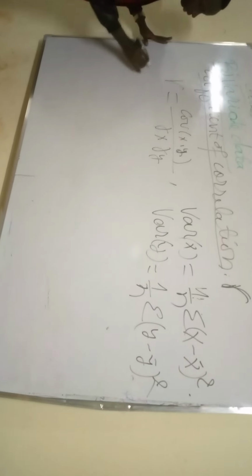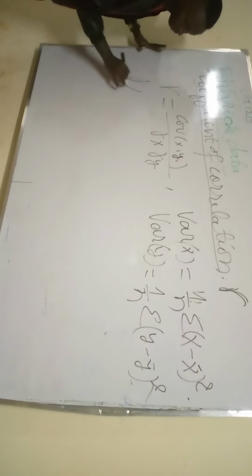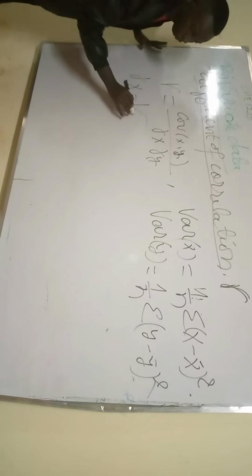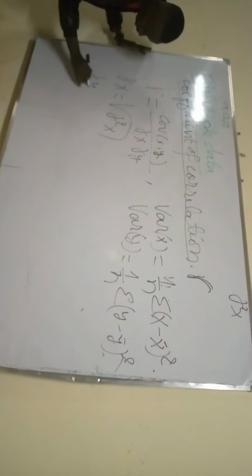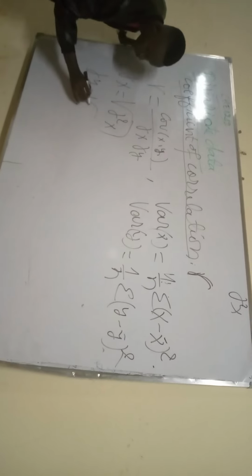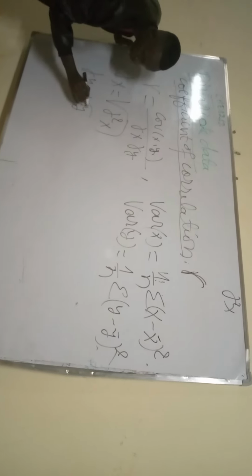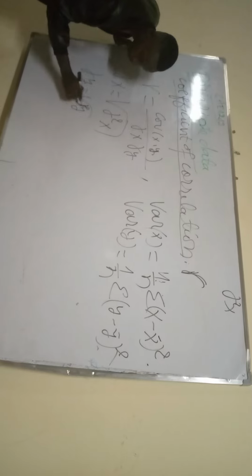Standard deviation is equal to the square root of variance. So the standard deviation of x is the square root of variance of x, and the standard deviation of y is the square root of variance of y. I think this is understandable.